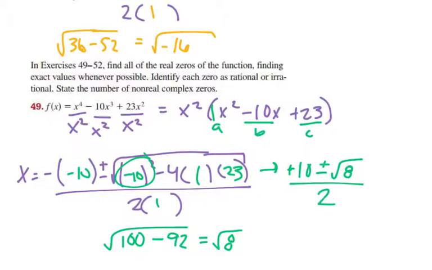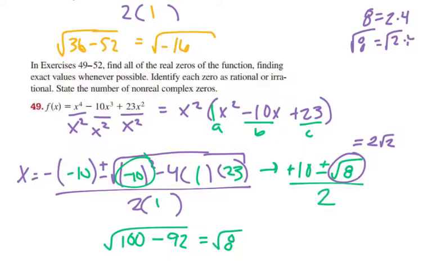Alright, so that doesn't really, okay. It turns out the square root of 8 is actually equal to 2 square roots of 2. How do I know that? Because 8 is 2 times 4, so the square root of 8 could be the square root of 2 times 4.